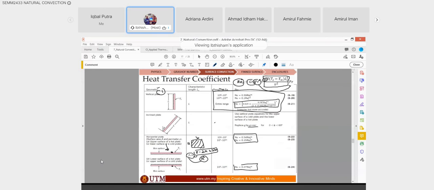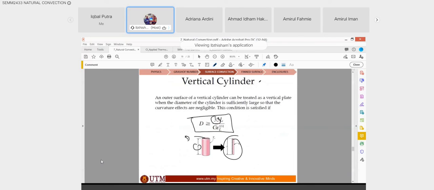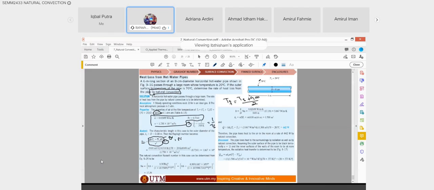That's why you need to multiply your Grashof number with the Prandtl number. So from here, don't forget your beta, the volume coefficient, goes into this. Then from there you can get your Rayleigh number.